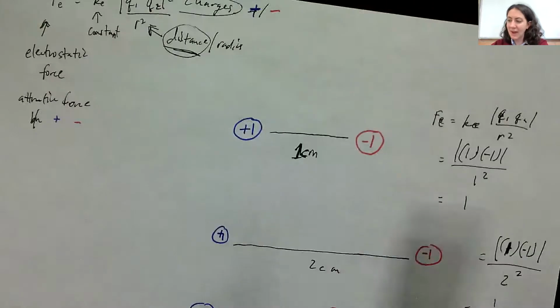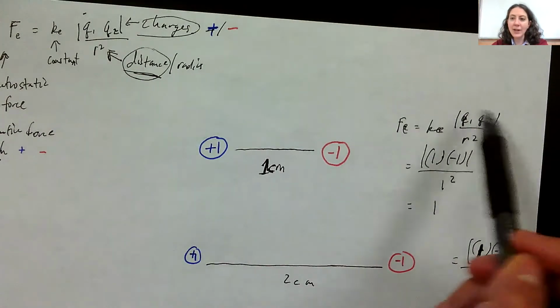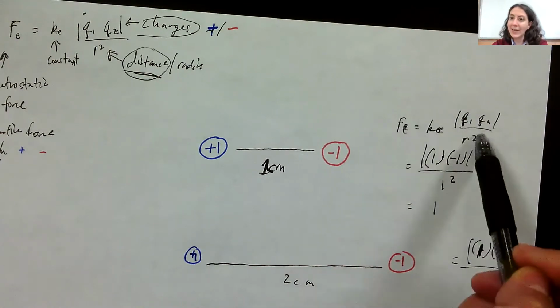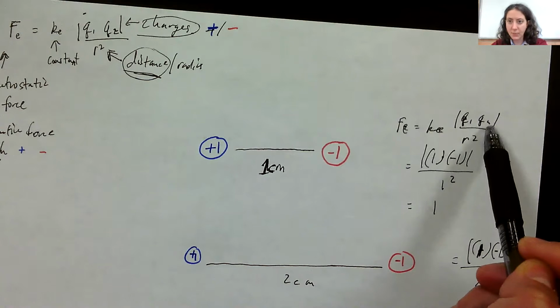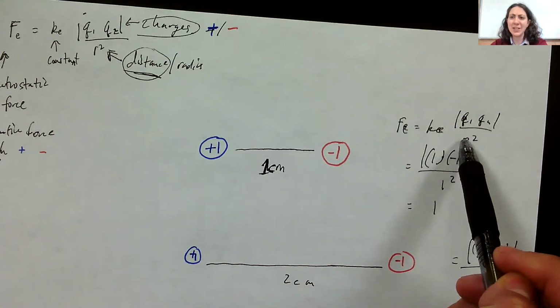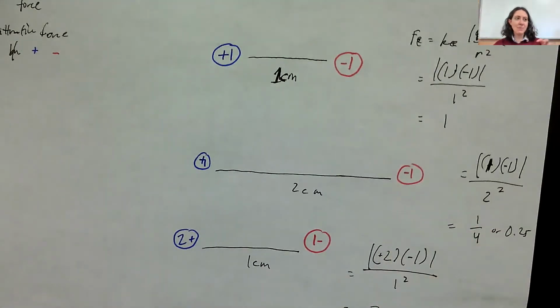That's exactly what this mathematical equation is telling us, right? The force is directly related to the charges of the particles. The force is inversely and also exponentially related to the distance. So if we have two particles, the distance between them is going to be really, really important. And the charge will also be important, but less so, less dramatically.